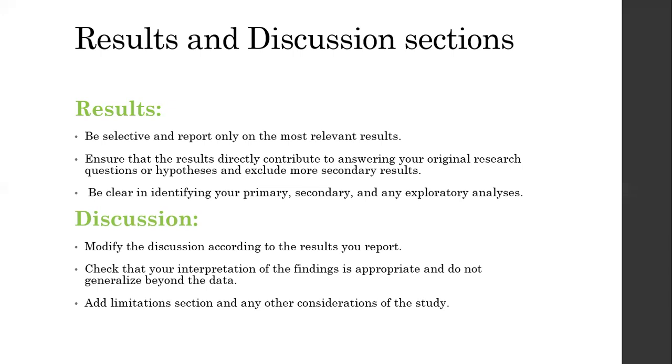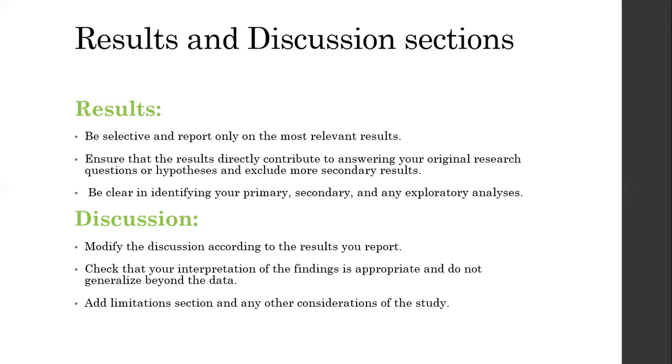For the results, you have to be selective and report only the most relevant and most important results, okay? And ensure that the results directly contribute to answering your original research question. Also, you have to focus on what results answer the research question and put these results within the results section.